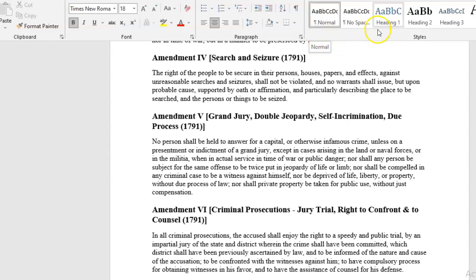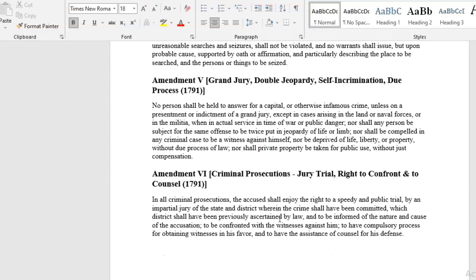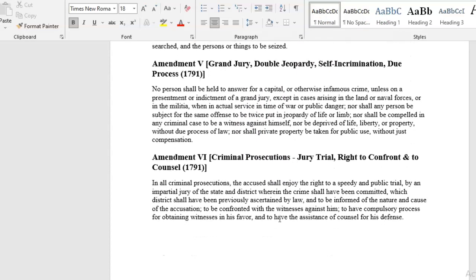Okay, Amendment 5. Grand jury, double jeopardy, self-incrimination, and due process. No person shall be held to answer for a capital or otherwise infamous crime unless on a presentment or indictment of a grand jury, except in cases arising in the land or naval forces, or in the militia, when in actual service in time of war or public danger.